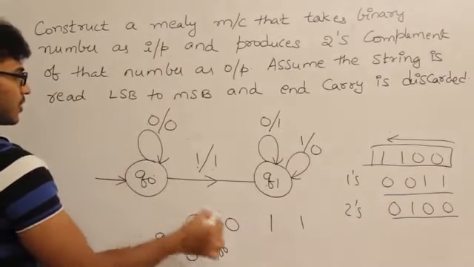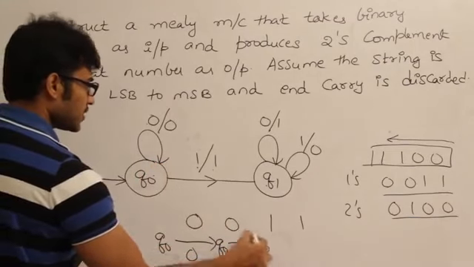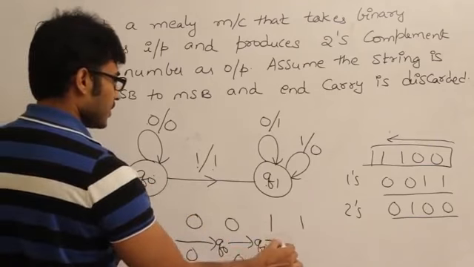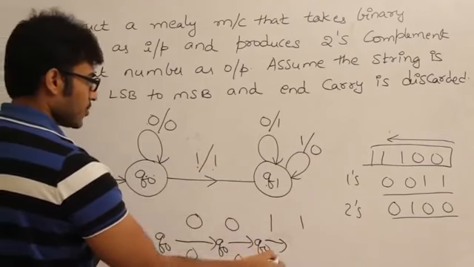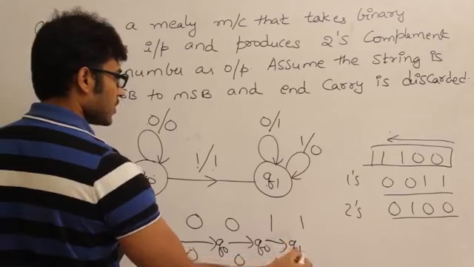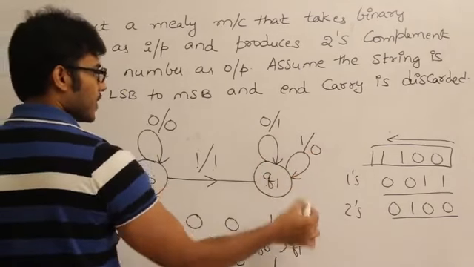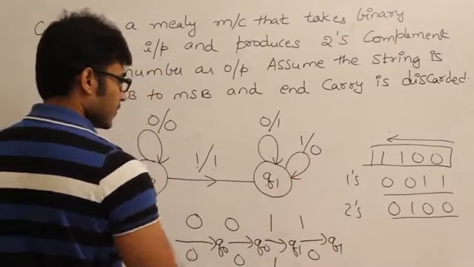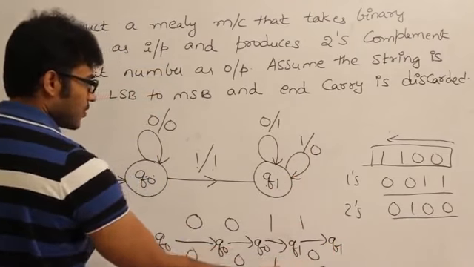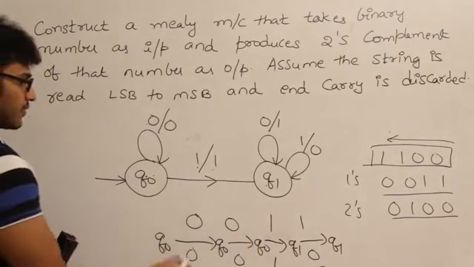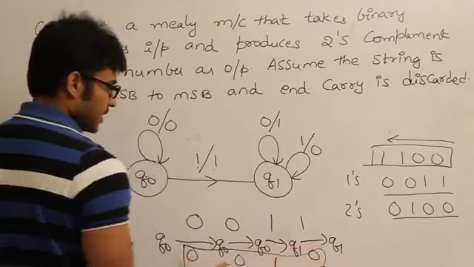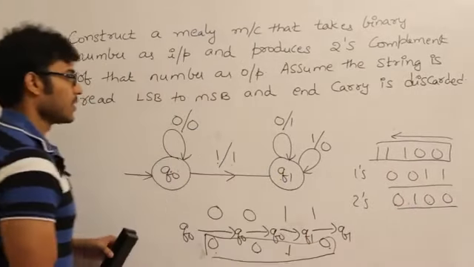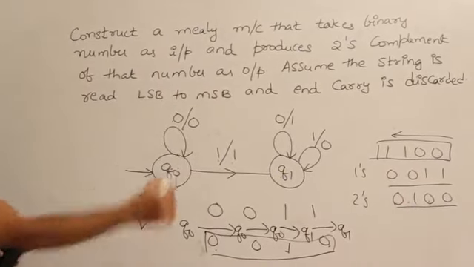Again Q0 on 0 stays in Q0 and outputs 0, and Q0 on 1 produces 1 and goes to state Q1, and Q1 on 1 stays in Q1 and produces 0. So what is the answer? You have to read it in reverse order, which means the 2's complement is 0100. Got it? So this is how it is built.